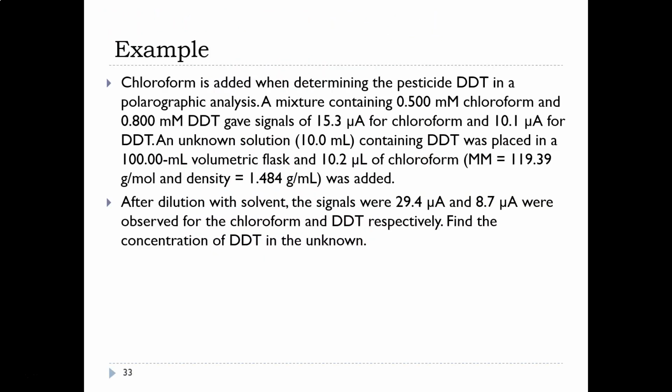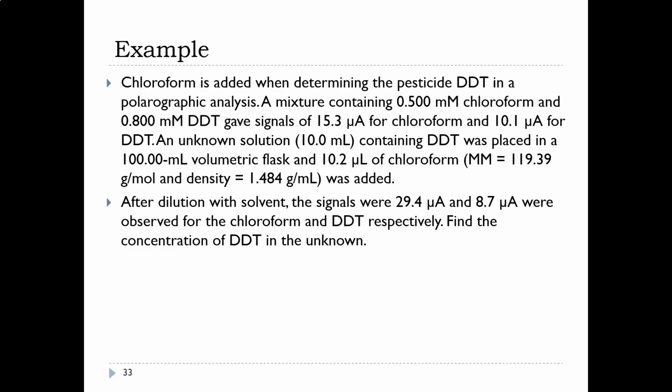So, chloroform is added when determining the pesticide DDT in a polarographic analysis. You don't have to know what that is, it doesn't matter. A mixture containing 0.500 millimolarity chloroform and 0.800 millimolarity DDT gave us signals of 15.3 microamps for chloroform and 10.1 microamps for DDT.